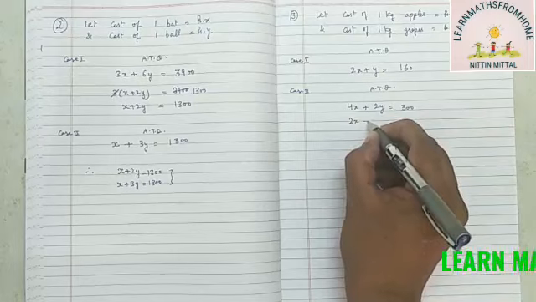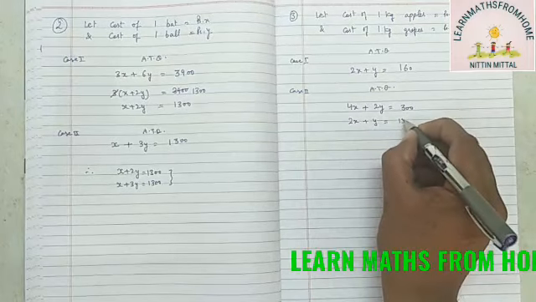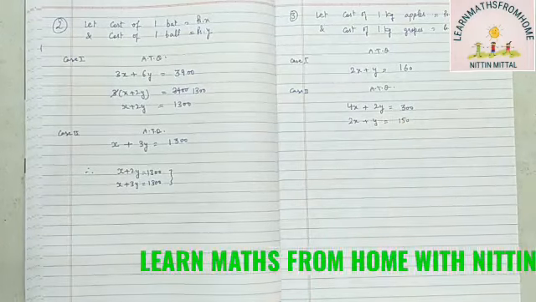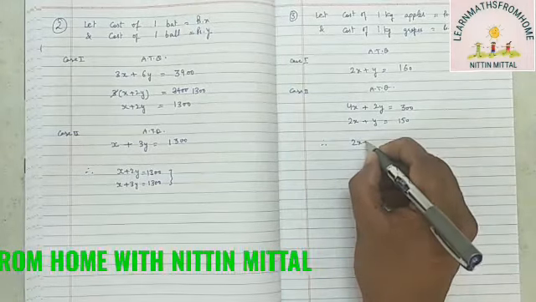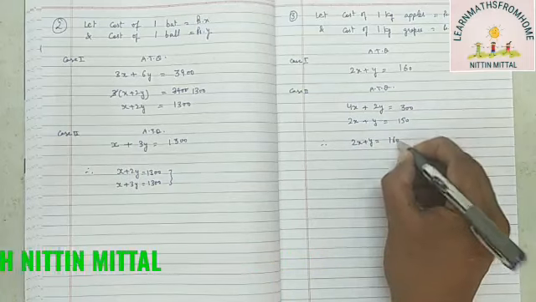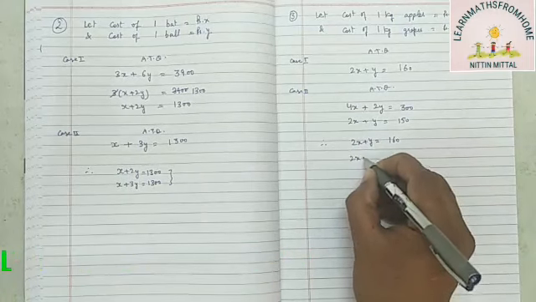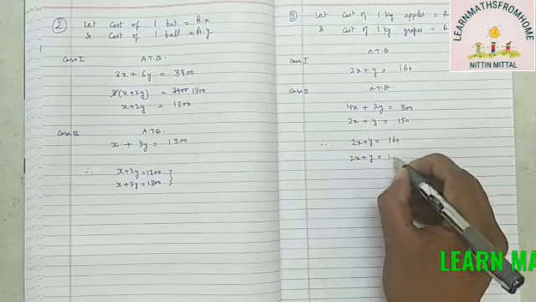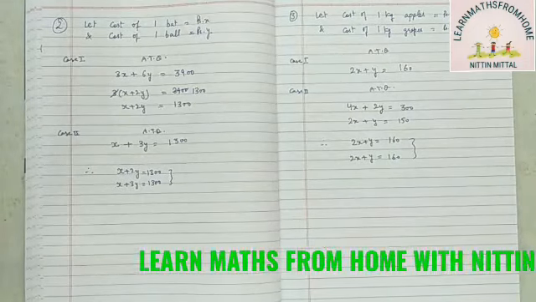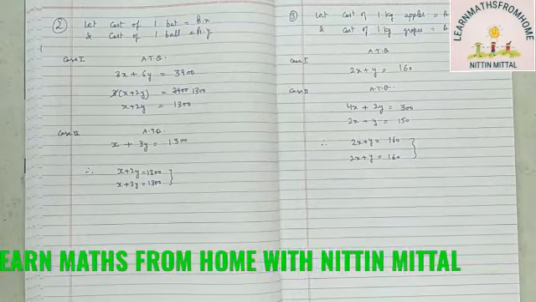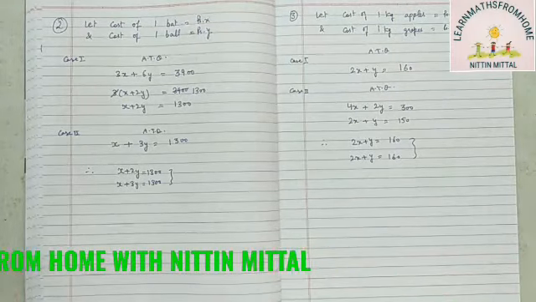So if we take 2 common, it will be 2x plus y equal to 150, right? So we got the pair of equations, 2x plus y equal to 160 and 2x plus y equal to 150 after a month. So here we got the pair of linear equations. This is representing it algebraically.